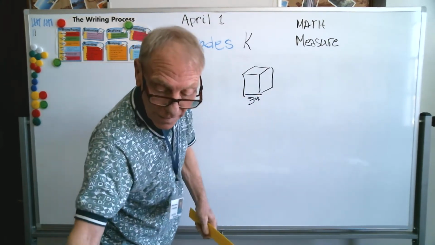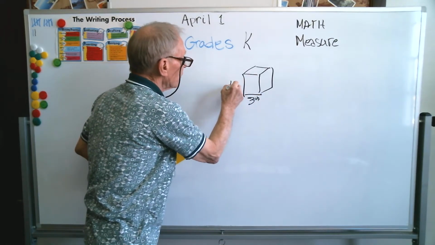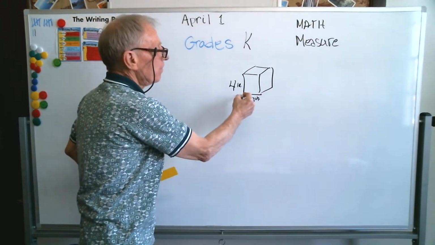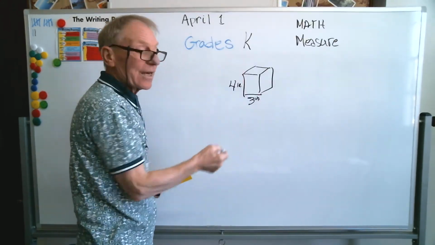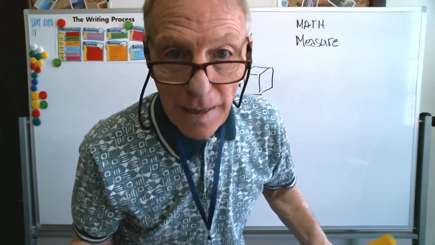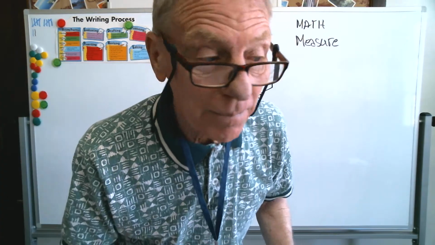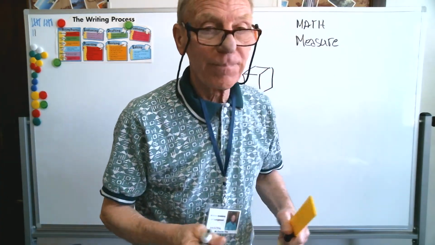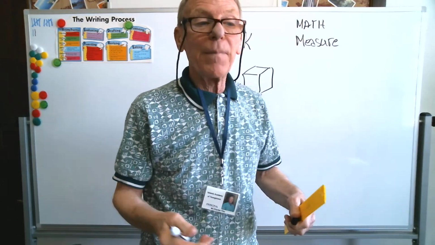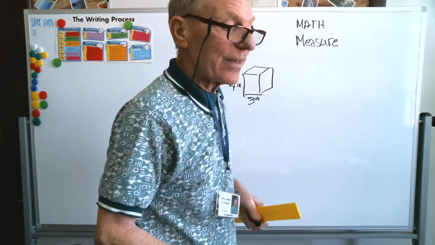So, this is 4 inches. So if the bottom is 3 inches and the side is 4 inches, that means the side is taller than the bottom. What do you think of that? We just made a comparison and measurement, didn't even think about it.